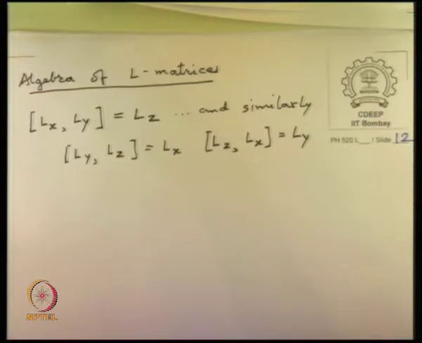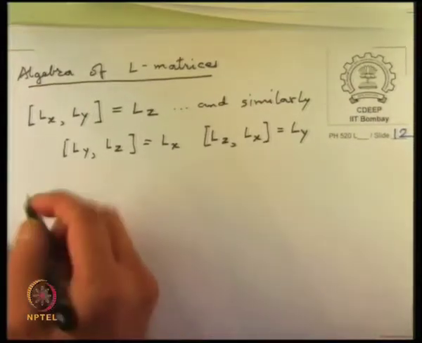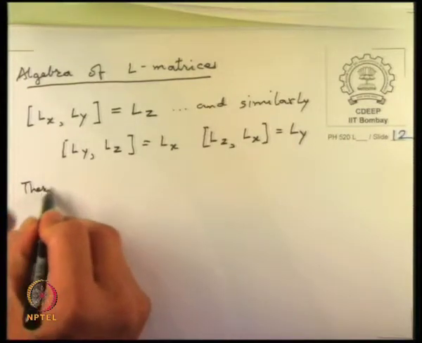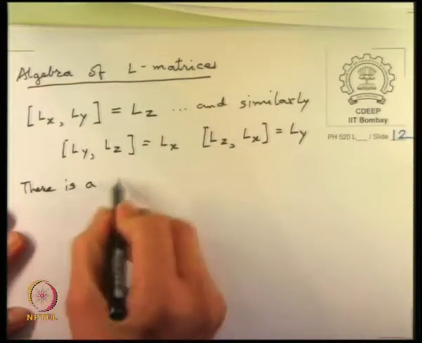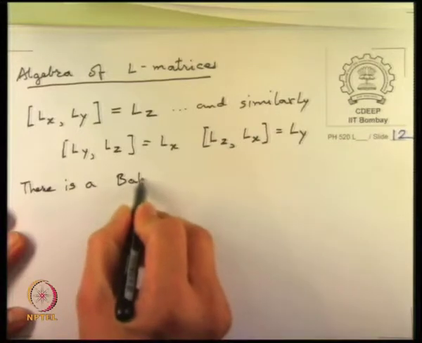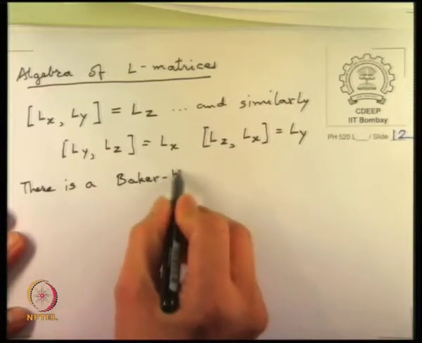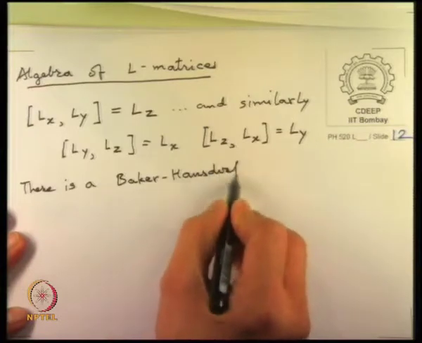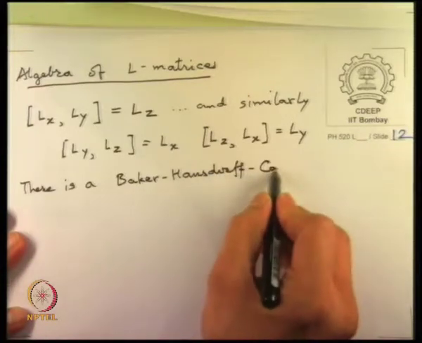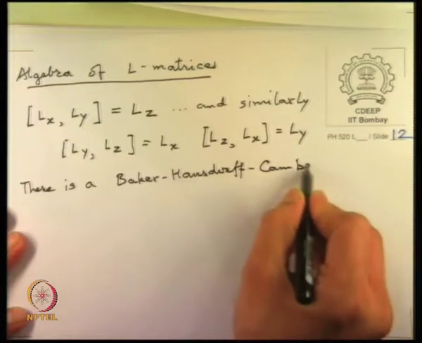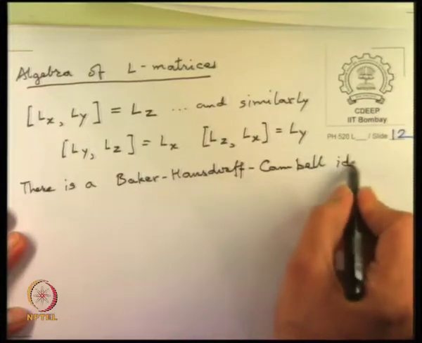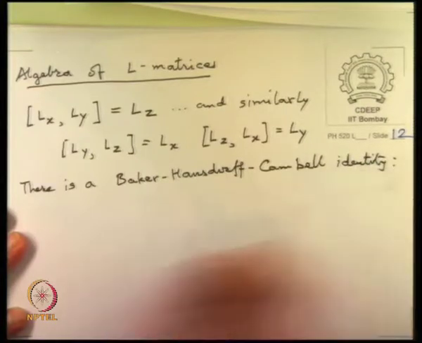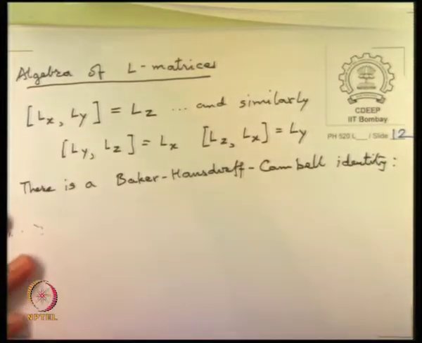This is because there is a Baker-Campbell-Hausdorff identity which goes like this.